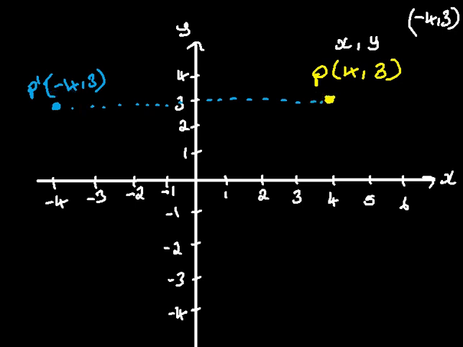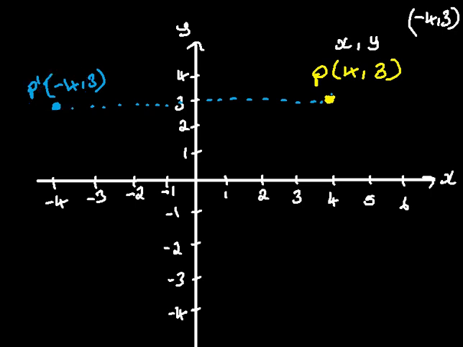It means the point is reflected along the y-axis, in the sense that the y value remains the same, which is 3, but what is changing is the x value. So that's how you start to understand the reflection of a point.